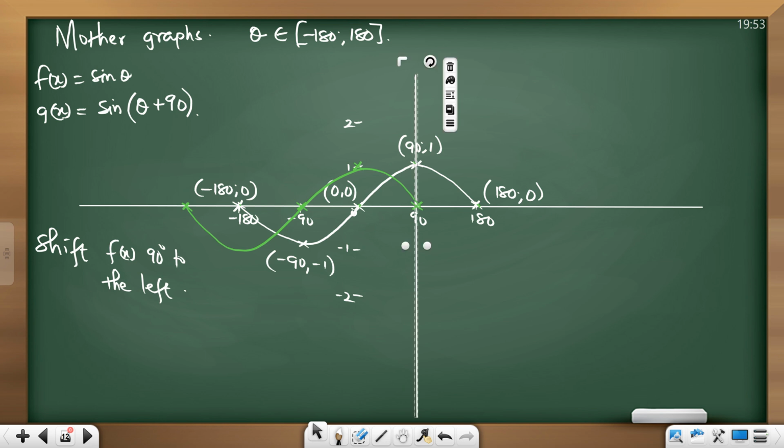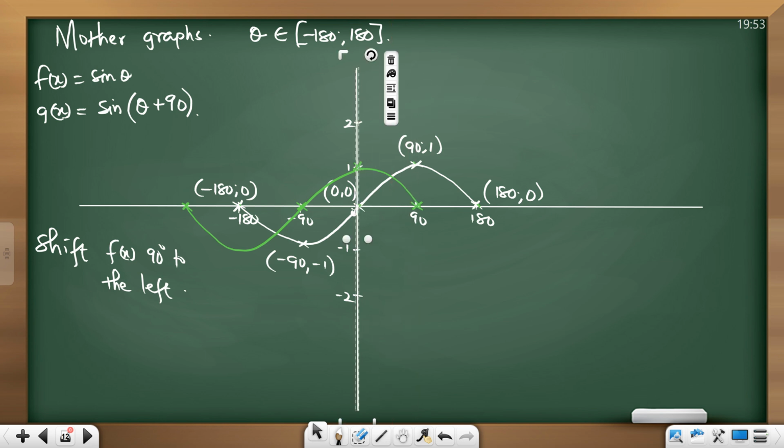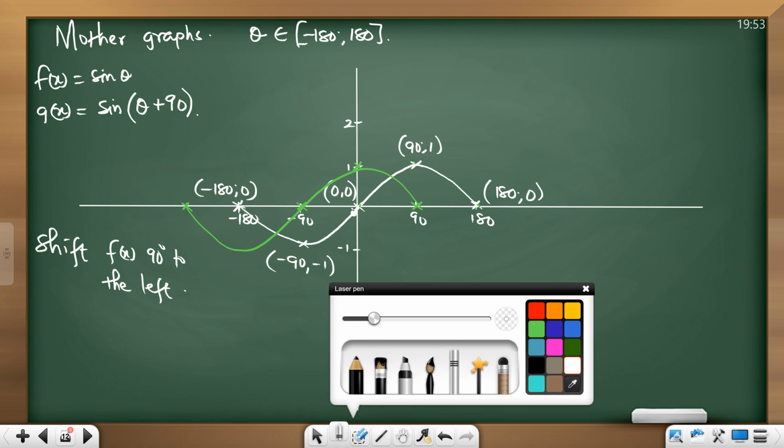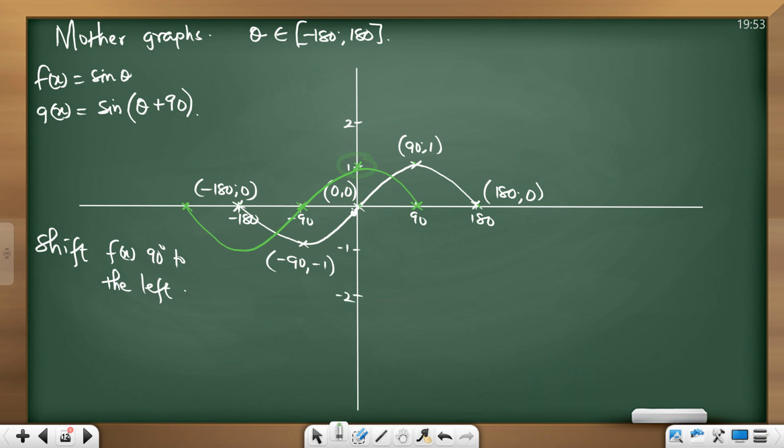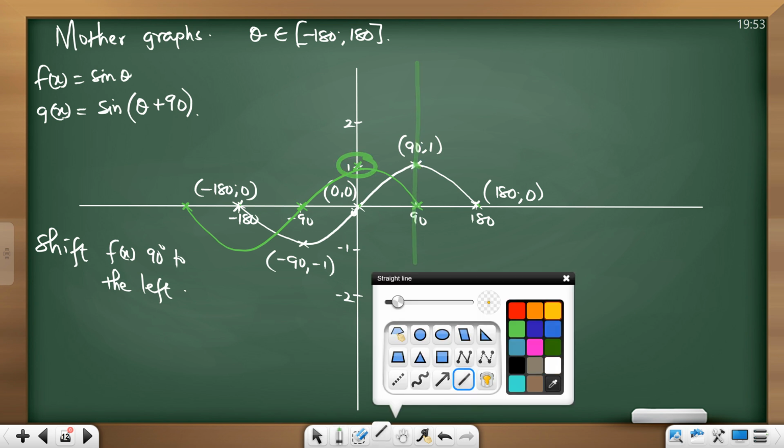Look at the highest point. I want you to see this point. This point is this point. So I want the y-axis here.